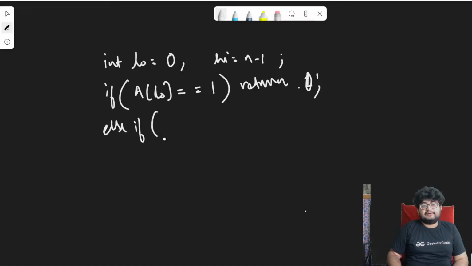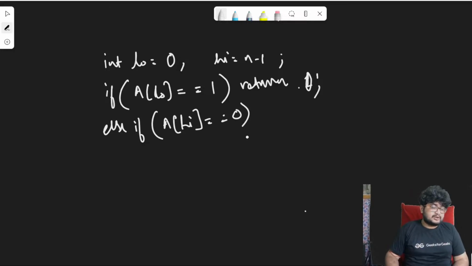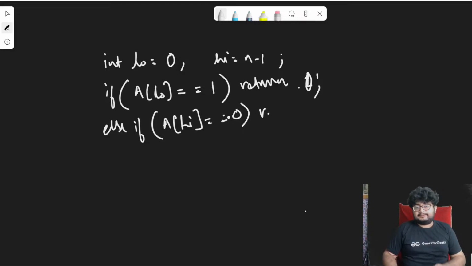Else if a of high equals 0, this means that high should point to a 1, right? So there are only zeros. Like the last element is 0, that means there are only zeros, so we'll return minus 1.